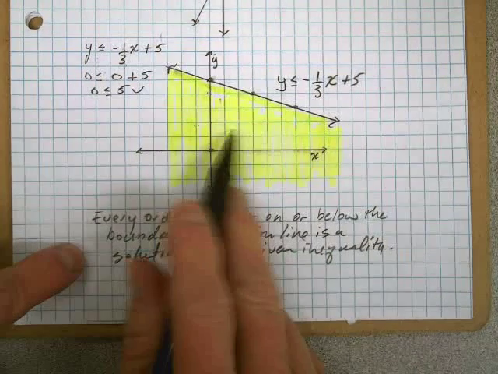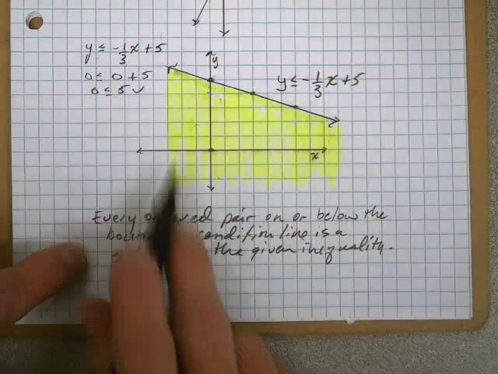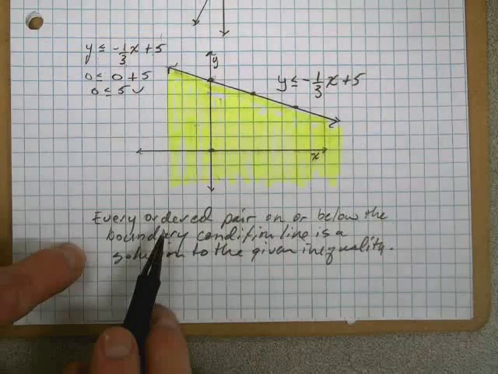So anything that's in this yellow region or half plane is a solution to our original inequality.